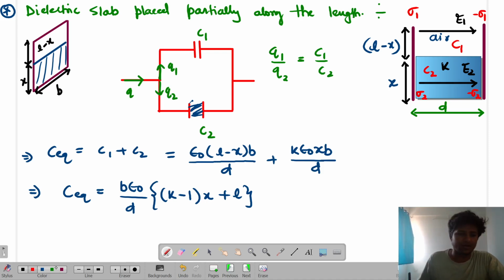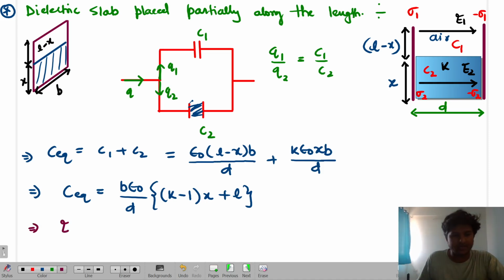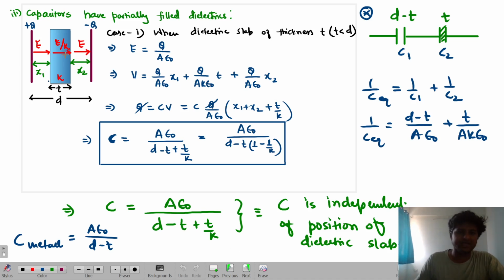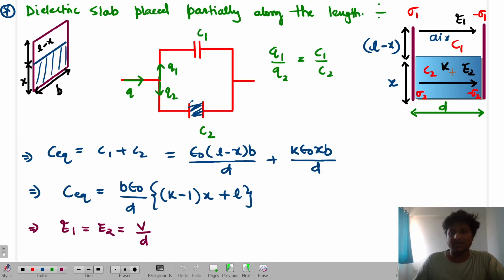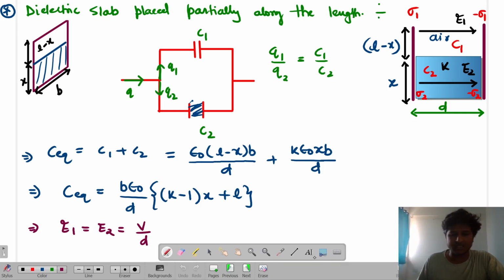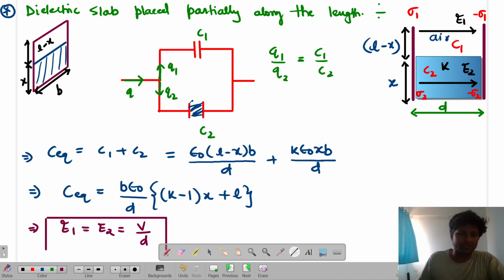But whatever happens, if I write the electric field equation, E1 will be exactly equal to E2, which is exactly equal to potential by distance D. In the previous case the electric field used to change, but here E1 and E2 are the same when you do areal division, because the potential difference between two equipotential surfaces is also the same. Is that clear?